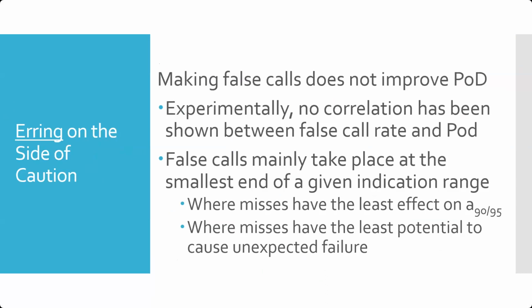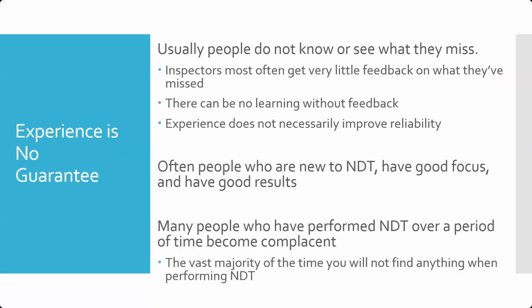The advantage, though, is that this is where misses have the least potential to cause unexpected failure. So that becomes an argument to not err on the side of caution or make false calls, because if it's so small that it's causing a high likelihood of false calls, it's also probably so small that it has a very low risk to the equipment or to the people traveling or operating that equipment.